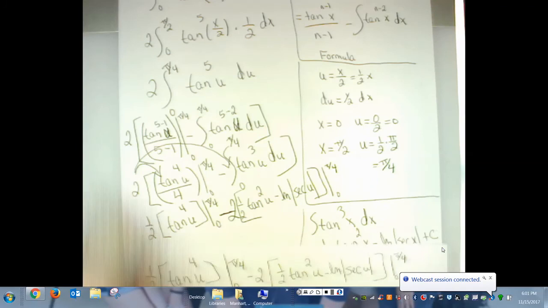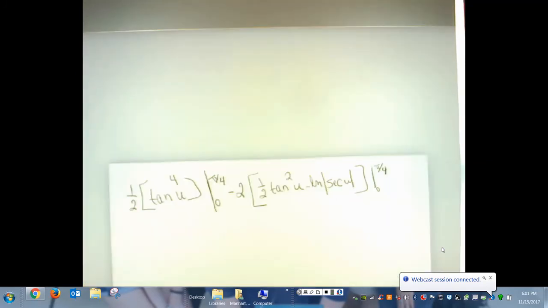Okay. So that's the last step of the first page.